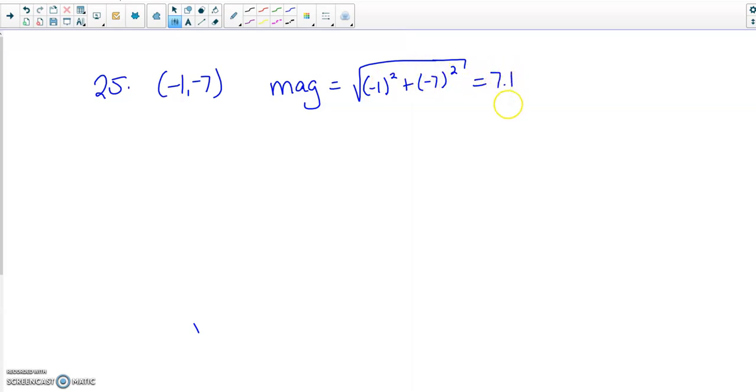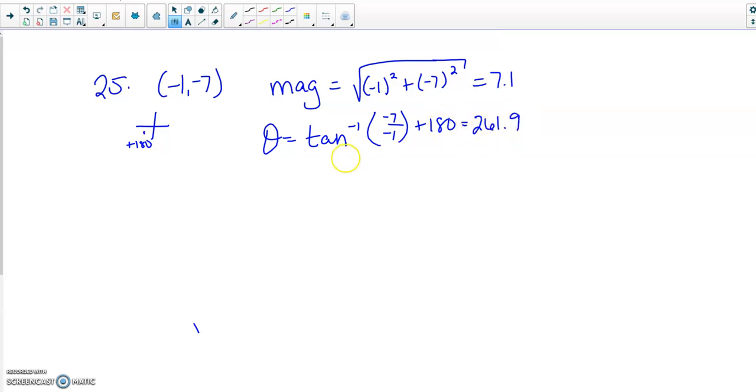So we get 7.1 inverse tangent of y over x. Now notice here, what quadrant am I in? So negative, negative. So I'm in 3, so we're also going to add 180. Okay. And I get 261.9.